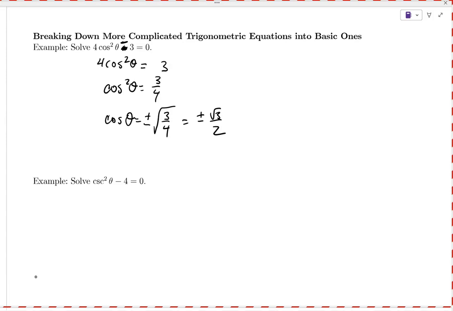We want to know when is cosine equal to positive root 3 over 2 and when cosine is equal to negative root 3 over 2, because each of those would give solutions. So if we do the fundamental ones, when is cosine equal to either the positive root 3 over 2 or the negative root 3 over 2? Either of them work for us.